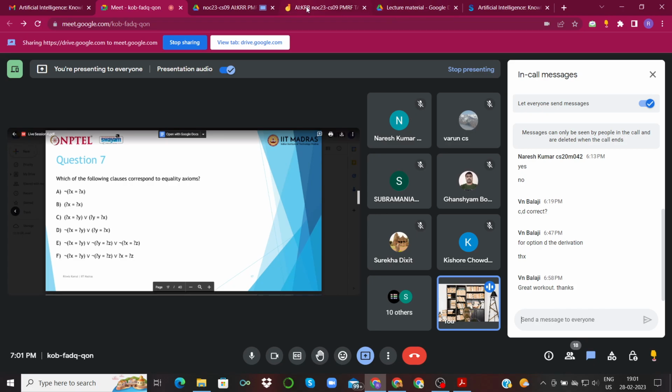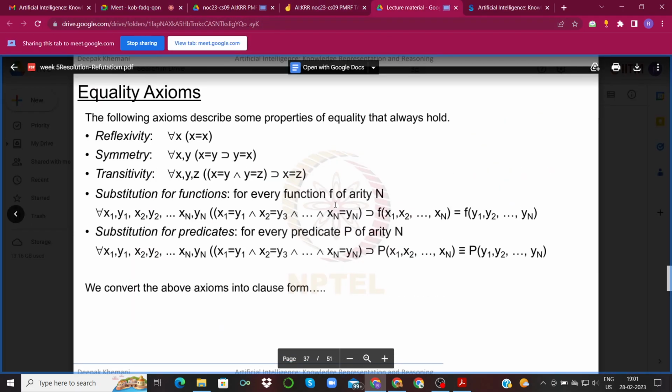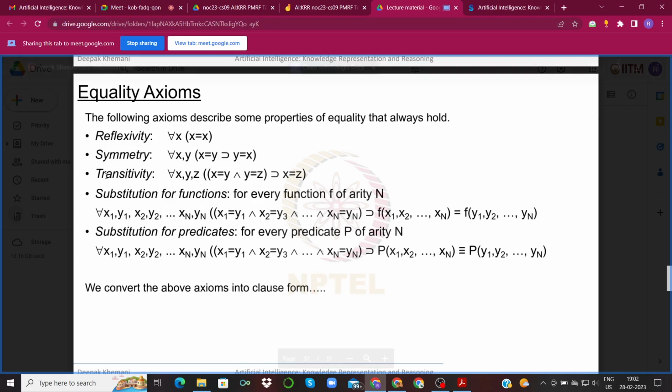Just as a refresher, I'll quickly share the equality axioms with you once. If you remember from the lectures, the following axioms describe some properties of equality that always hold. So you have reflexivity, symmetry, transitivity. Reflexivity says that for all x, x equals x. Symmetry says that for all x and y, x equals y implies y equals x.